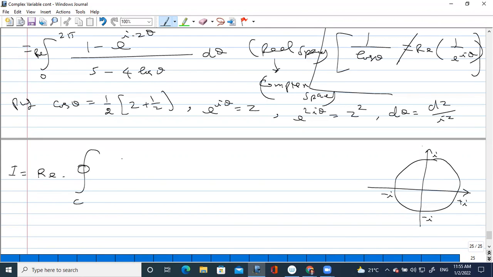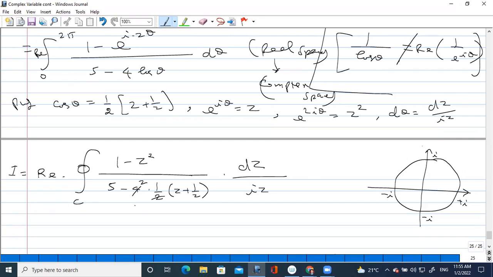So it will be 1 minus z square divided by 5 minus 4 into 1 by 2 into z plus 1 by z into dz upon iz. Now simplify it. So 2 to 2 cancel. This z will be multiplied in the whole equation.